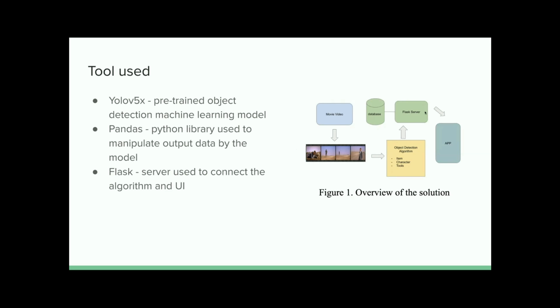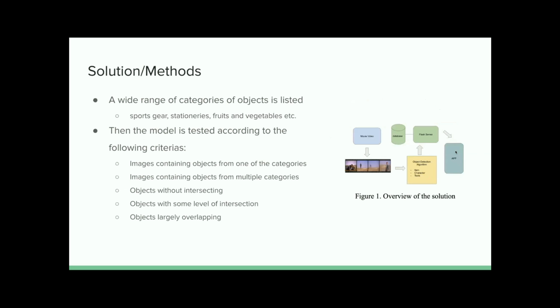And all of this, after calculations and results, will be printed onto the app, which is the user interface. And these are the specific details of the solution and methods we used.